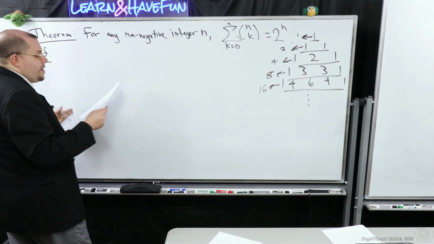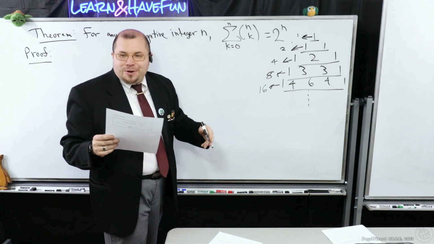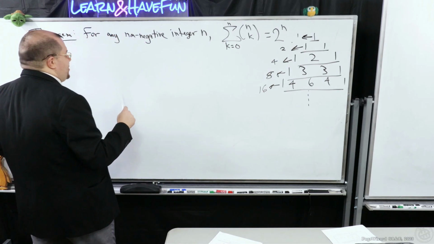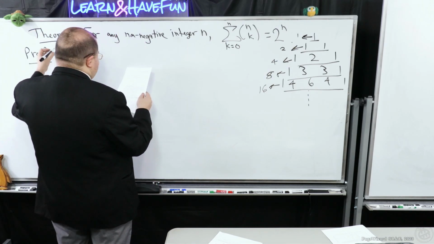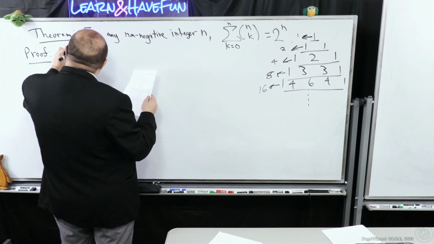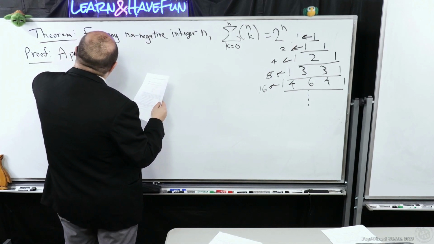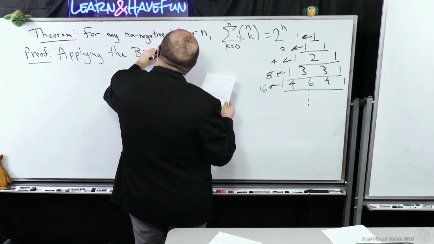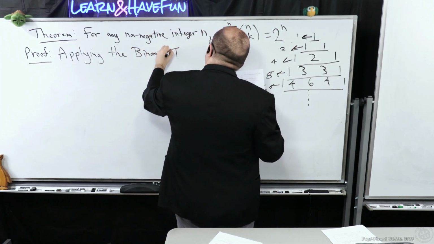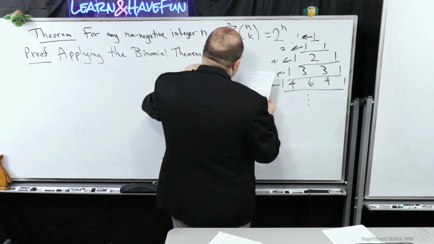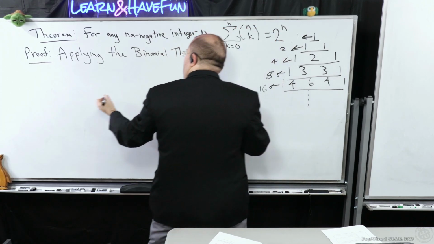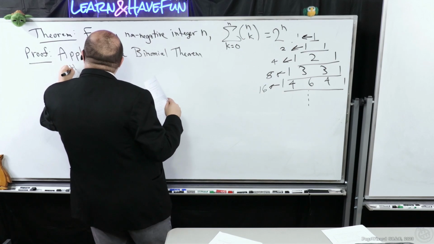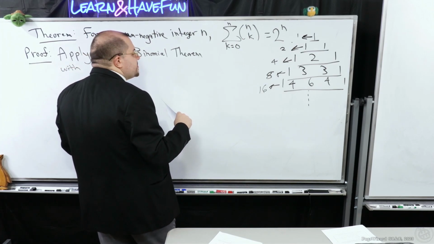So this is going to be an algebraic proof. But remember, under the hood, we had a combinatorial argument for this, but you can go about it in other ways as well. So applying the binomial theorem, what should I apply it with?